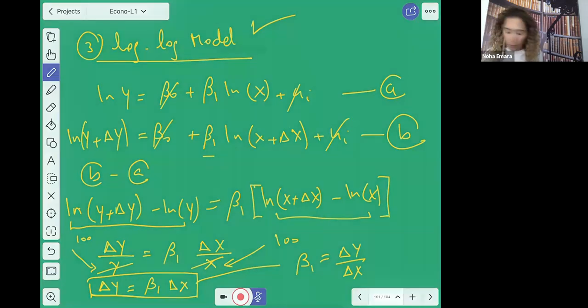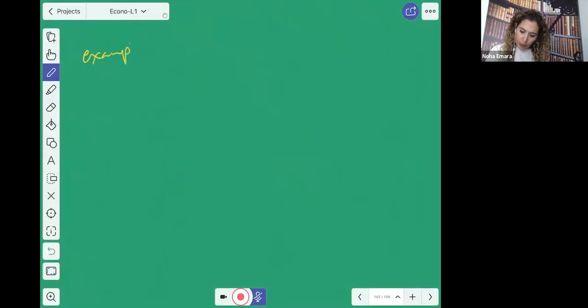So let me give you this example. This is an example of the elasticity model, price elasticity of demand, PED. The price elasticity of demand is the most famous log-log model in economics.